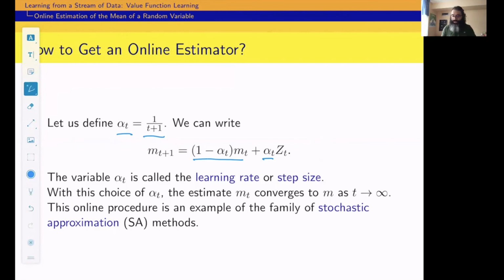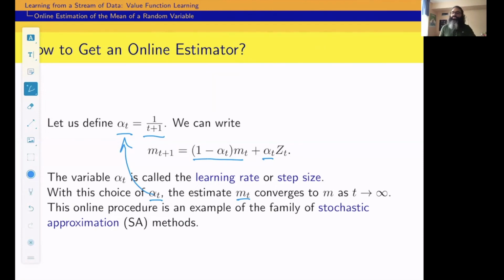With this particular choice of alpha, the estimate M_T converges to M as T grows. This is essentially the sample mean, and convergence comes from the convergence of the sample mean to the true mean.